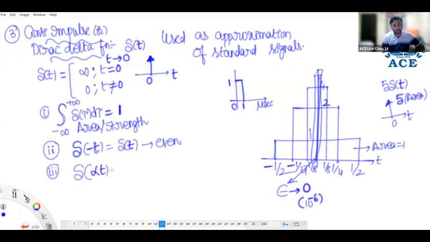What is the scaling property of impulse? If you want to scale the impulse function by alpha units, what will happen to its area? Its area is scaled by 1 by mod alpha.